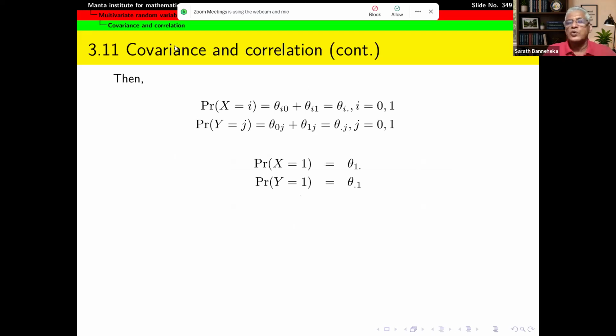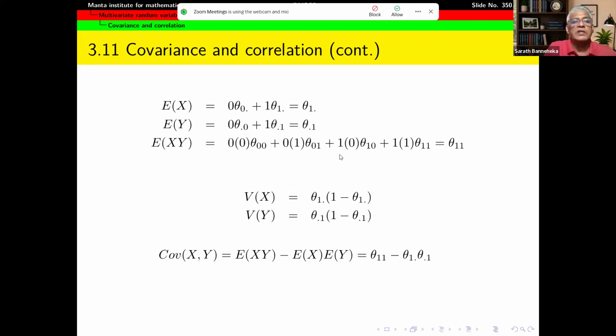So as shown in the table, the probability mass function of x is given by this, and the probability mass function of y is also given by this. The probability x equal to i is theta i dot, where i can be 0 and 1, and the probability y equal to j is equal to theta dot j, j equal to 0 and 1. So we can write it down like that.